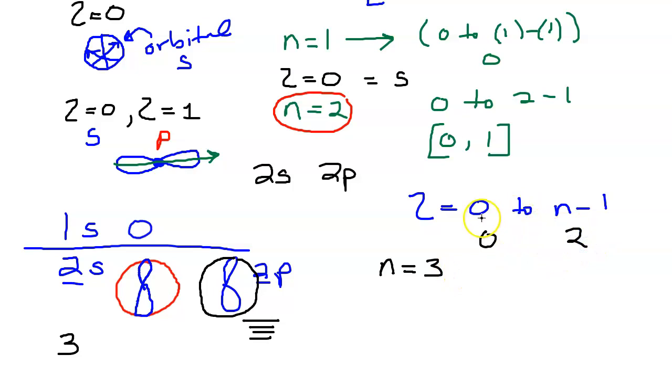But it's through all the numbers in between. So we get 0, 1, and 2. So when n equals 3, notice how many different orbitals. I have L equals 0, which is the 3s. We know that 3s is going to be a bigger circle than the 2s. We know the 1 is the 3p, and then the 2 is a new orbital, and it's called a D, a 3d orbital.